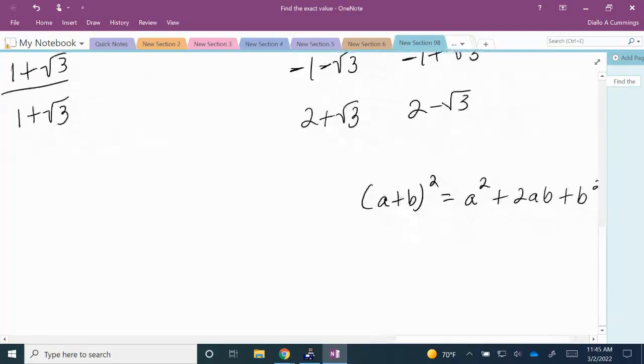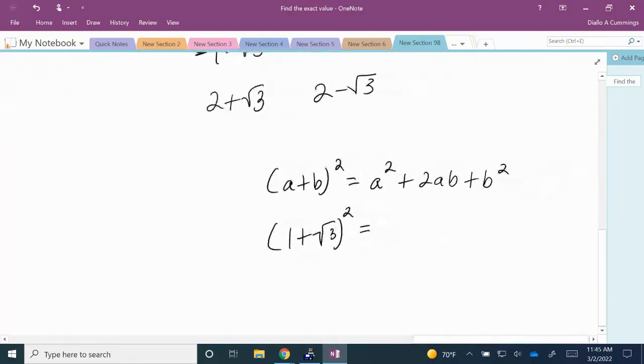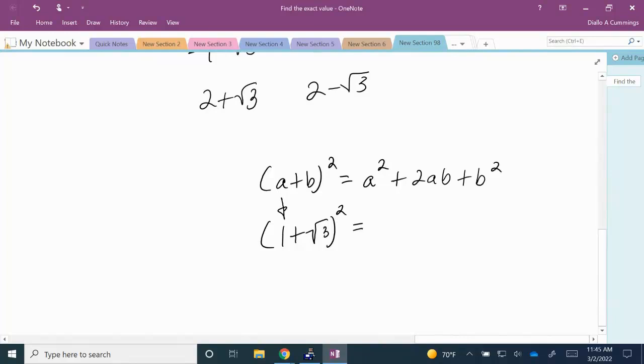Which means that if we have 1 plus the square root of 3 squared, I can substitute a for 1 and b for the square root of 3. So if we were to use this formula, a squared would be 1, because 1 squared is 1, plus 2 times a times b, so 2 times 1 times square root of 3, so that's 2 square root of 3.